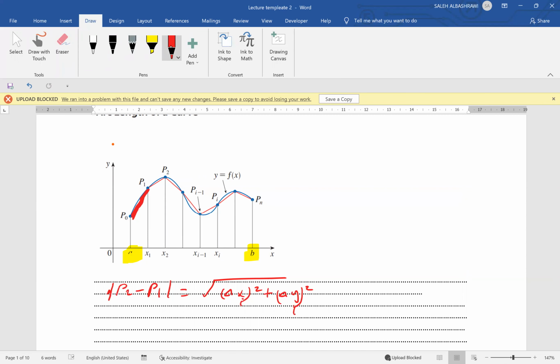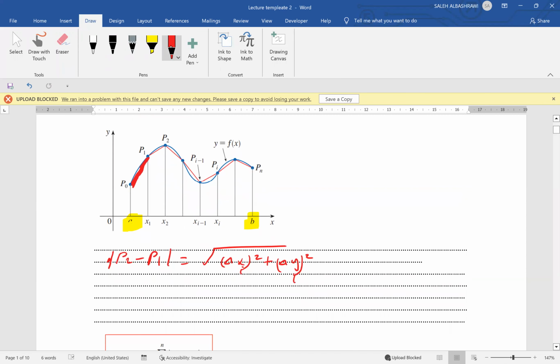So the arc length will be equal to sigma of all of these B(i+1) minus Bi, or the sum of square root of delta xi square plus delta yi square, assuming that all these deltas are the same.